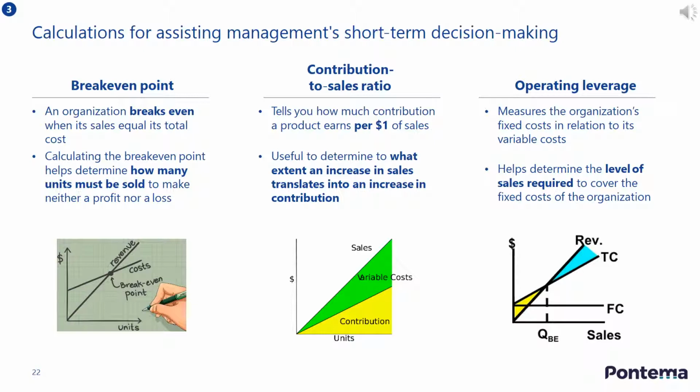This is useful to determine to what extent an increase in sales translates into an increase in contribution. And thirdly, the operating leverage measures the organization's fixed costs in relation to its variable costs, which helps determine the level of sales required to cover the fixed costs. Now let's explore each calculation in more detail.